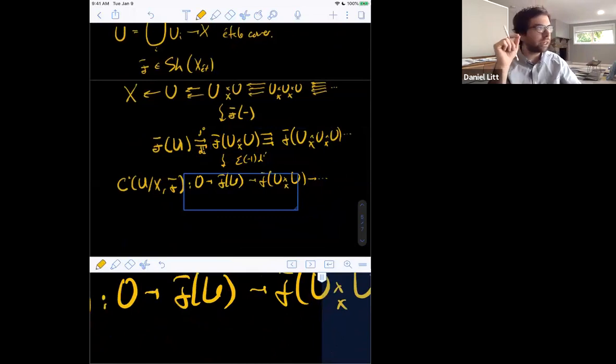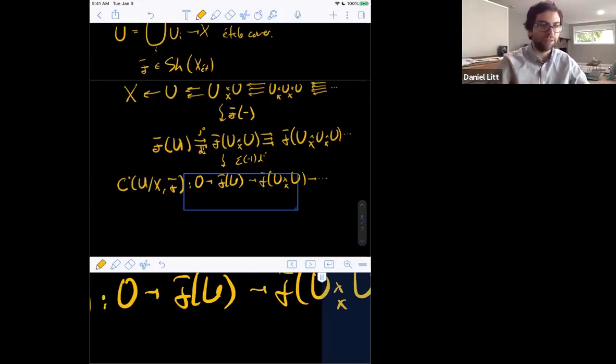Maybe it's worth remarking that for usual topological spaces, there are two notions of the Čech complex. There's this one, which is sort of the big Čech complex. And then there's also the so-called alternating Čech complex, where you throw away things like U_i intersect itself. And you can't do that in this setting, because U_i cross U_i over X can be an interesting object.